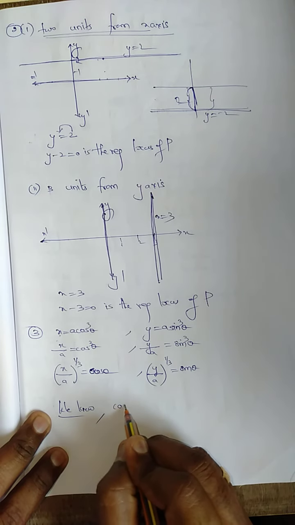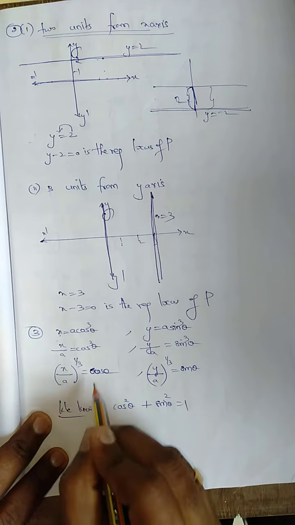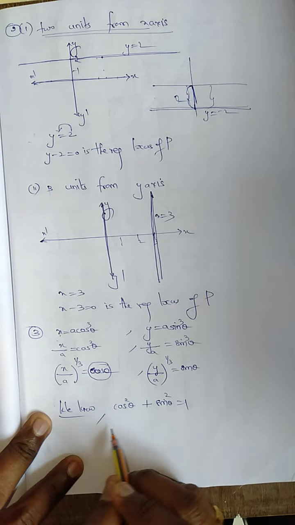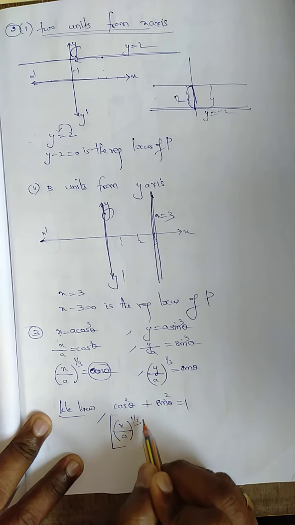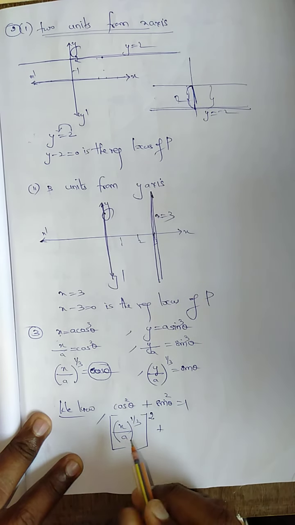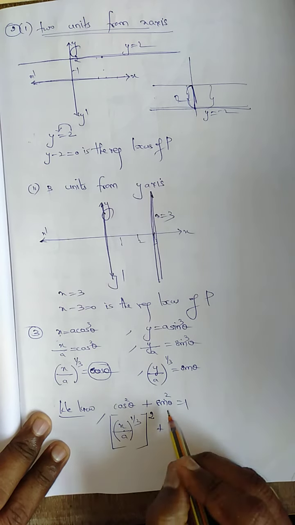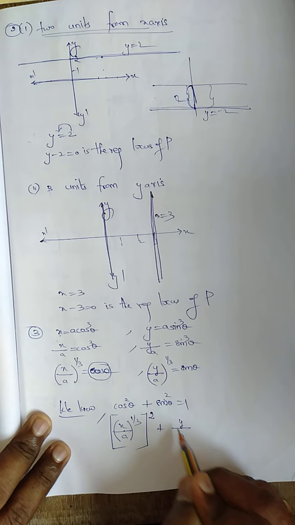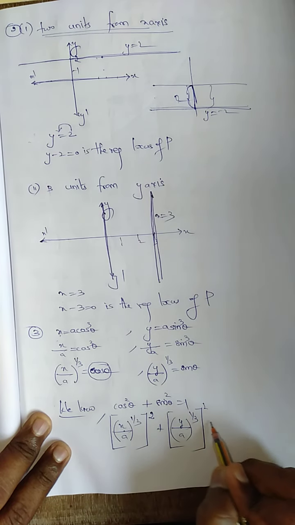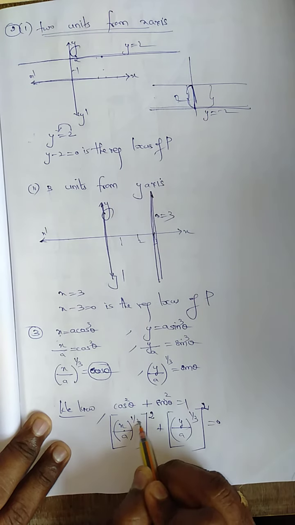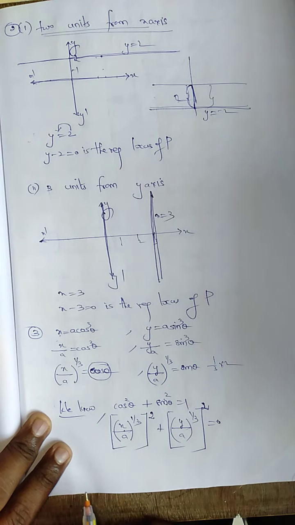We know cos square theta plus sin square theta is equal to 1. So this is x by a power 1 by 3 the whole square, because this is cos theta squared, plus y by a power 1 by 3 the whole square, since this is sin theta, is equal to 1.